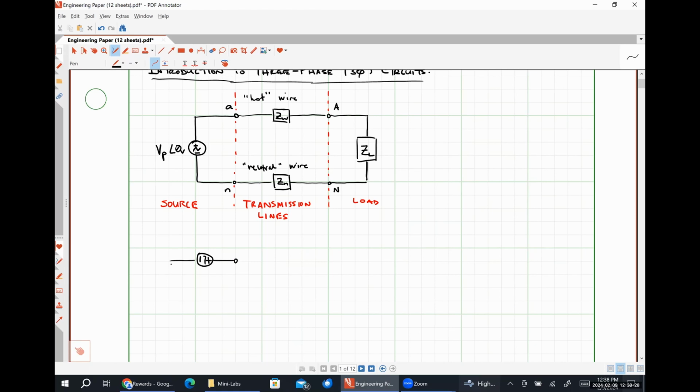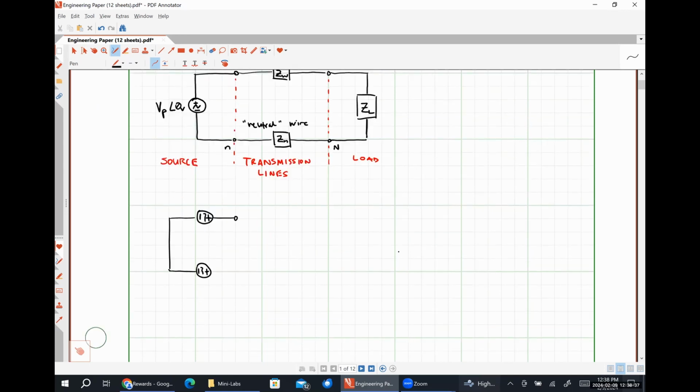So here's one voltage source. Here's another voltage source. Here's a third voltage source.